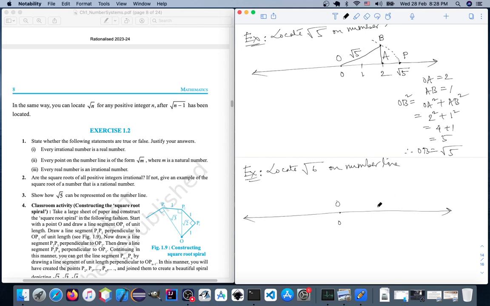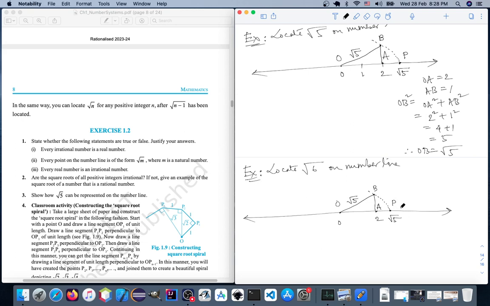So we have, say, A is 2 and this was B, OB was root 5, and we found with the arc the point P, which is root 5. So OP is root 5.